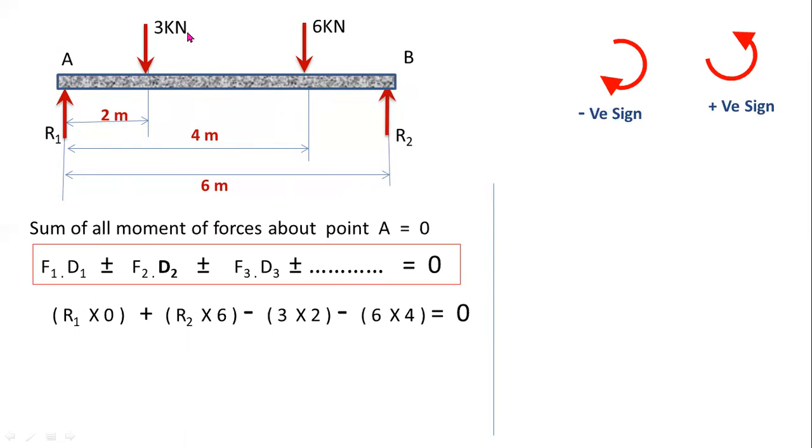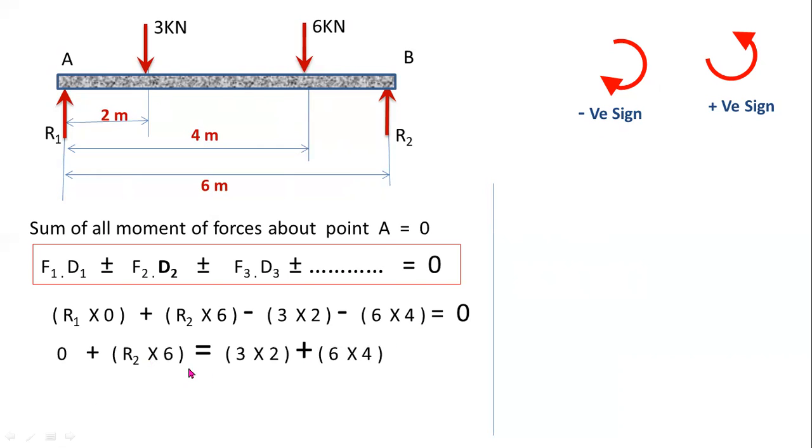Now this 3 kilonewtons force passes through a point C at a distance of 2 meters from point A. So 2 meters is the perpendicular distance, so 3 into 2. Now 6 kilonewtons is the force and the perpendicular distance is 4 meters. So 4 into 6 is the moment of the 6 kilonewtons force. For clockwise couple, you have to consider negative sign. For anti-clockwise couple, you have to consider positive sign.